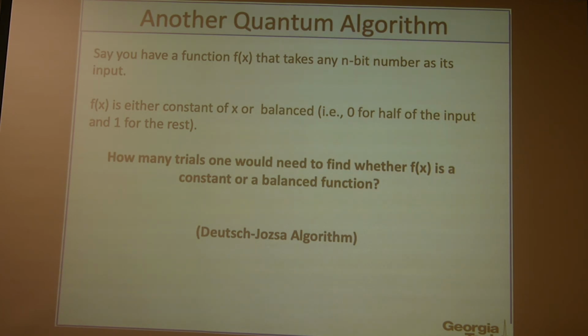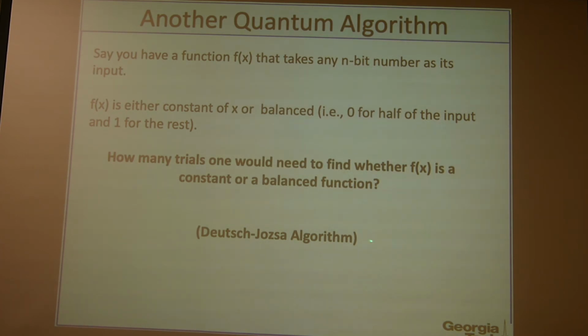So to know whether this function is balanced or constant, you need to do at least 2^(n-1) plus 1 trials. In this particular case, you will have to do 4 plus 1 equals 5 times. So you have to do the experiment 5 times to know whether f is a balanced function or a constant function. Right?